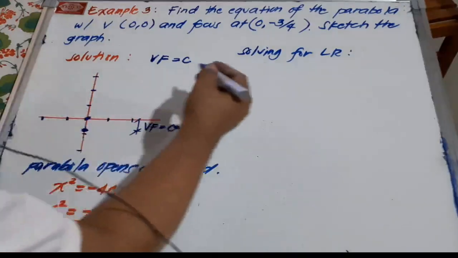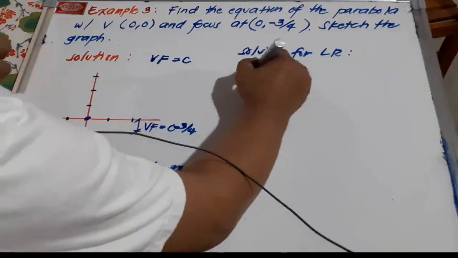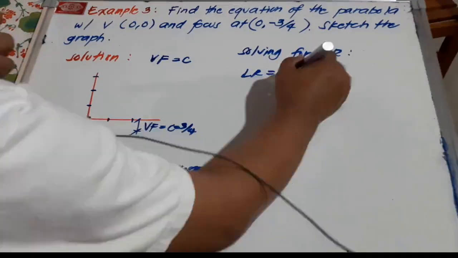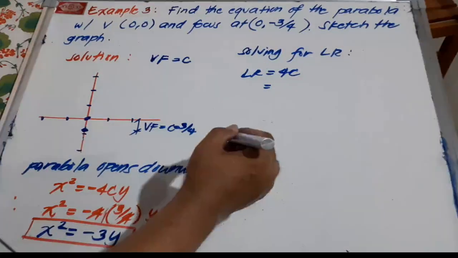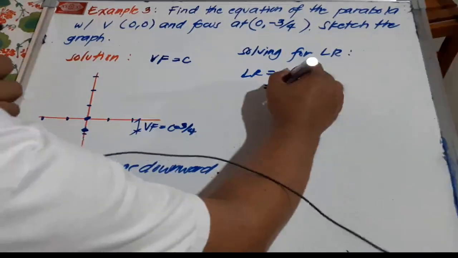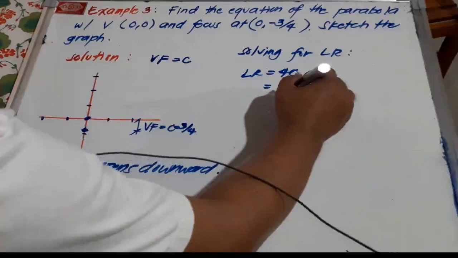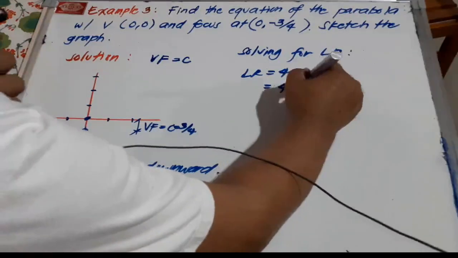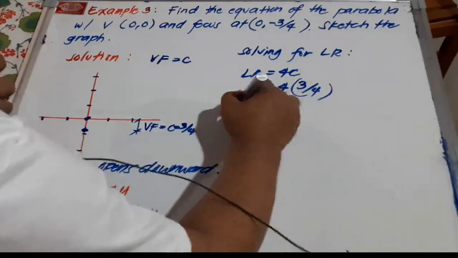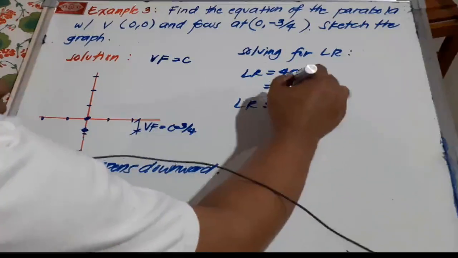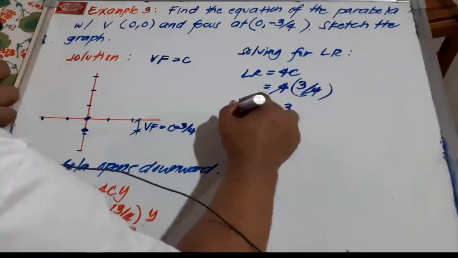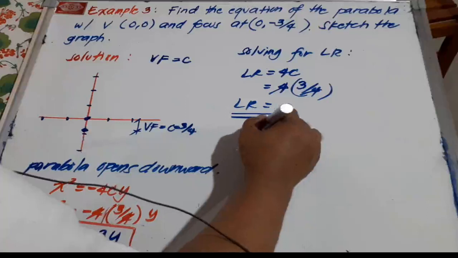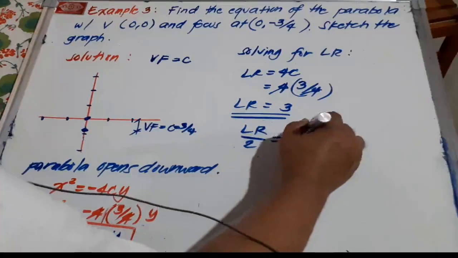So LR is 4 times C. And C is equals to 3/4. So 4 times C, which is 3/4. Therefore, the length of the latus rectum is, cancel, 3 units. And half of the latus rectum is 1.5 or 3/2.